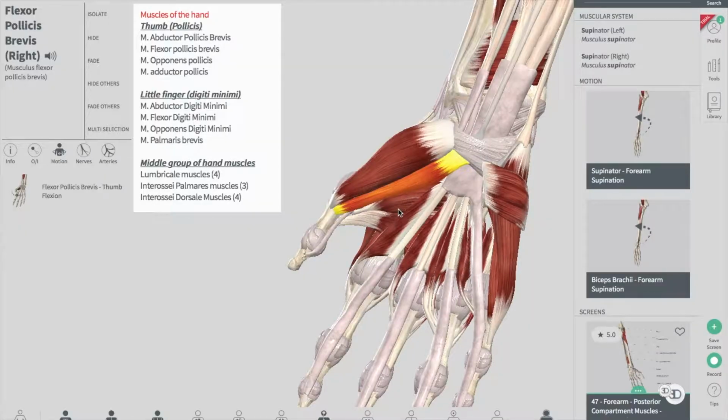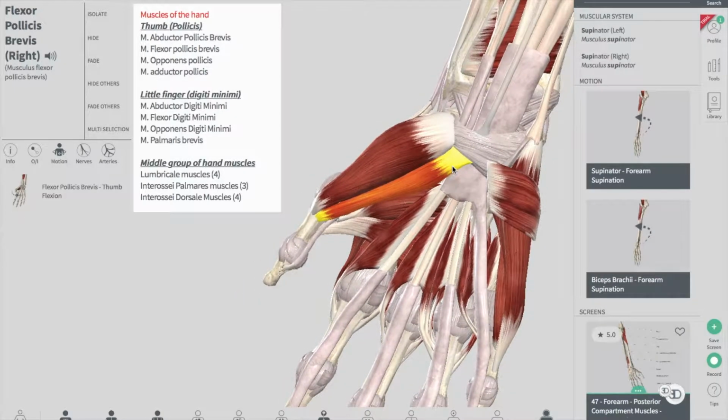This muscle actually has 2 heads, forgot to mention. The first, the caput superficialis, sits on this tendon, and caput profundum sits on 2 of the carpal bones called os trapezium and os trapezoideum. And they both insert at the proximal phalanges of the thumb. And as mentioned, they flex the thumb.